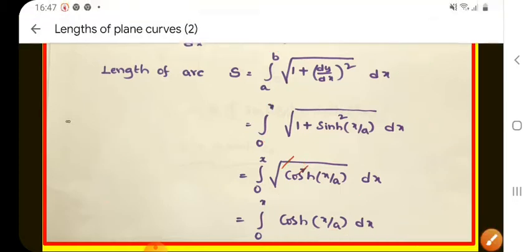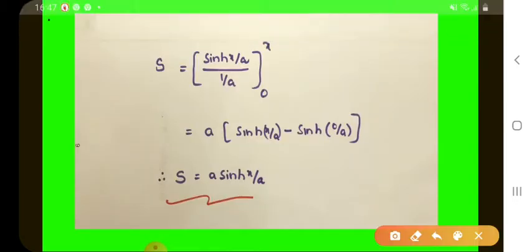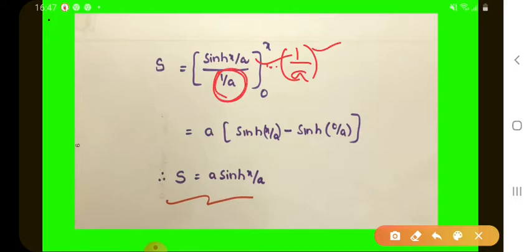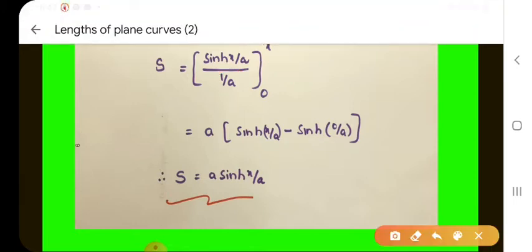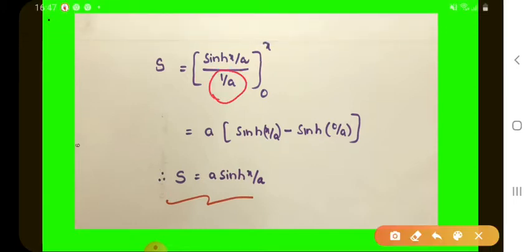What is the integration of cos hx by a? Same, sin hx by a, and the constant 1 by a I write in the denominator. In differentiation we multiply by the constant, but in integration we divide by the constant. So the 1 by a in the denominator becomes a in the numerator, and I substitute the limit values in place of x.